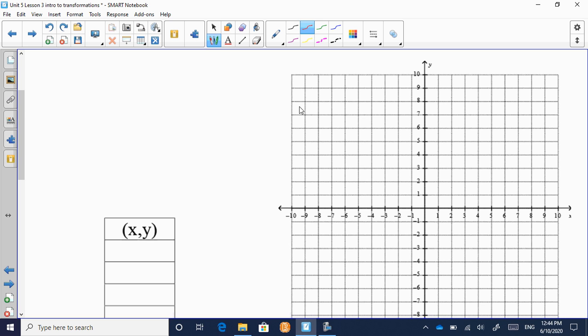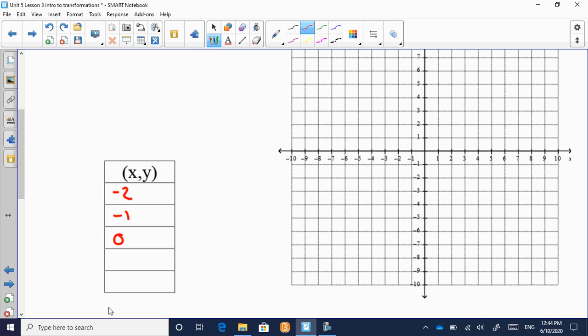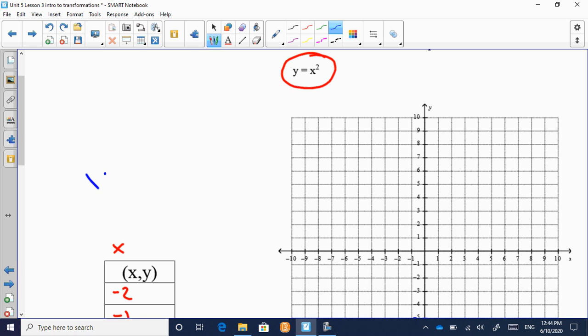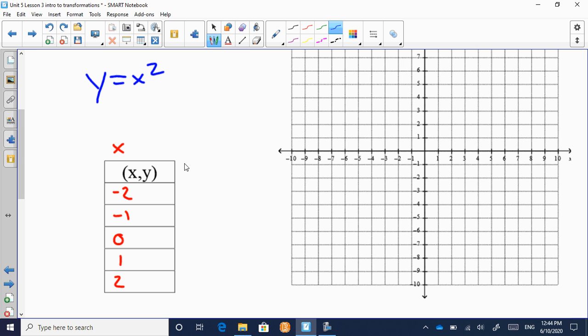Let's maybe put -2 in for the x, -1, 0, 1, and 2. So those are the x values, and now let's take those x values and plug them into our equation, y is equal to x squared, to get our y values for this bread and butter one.